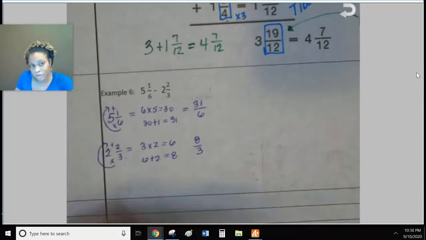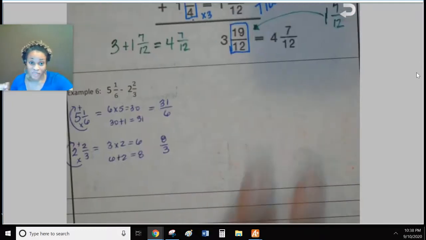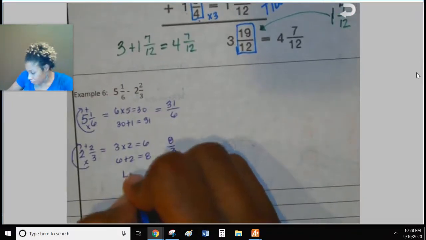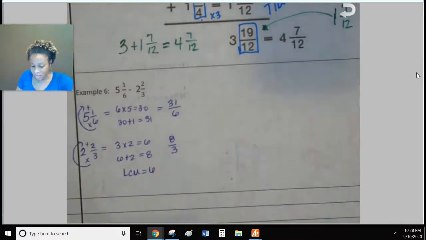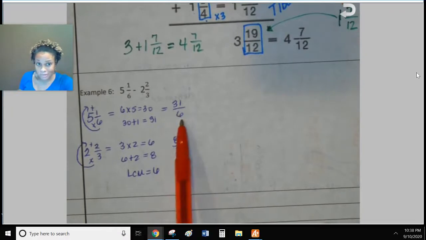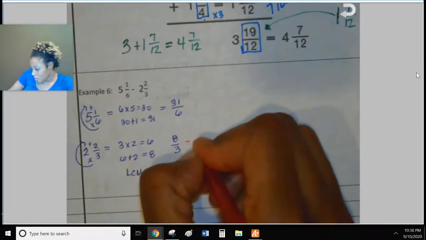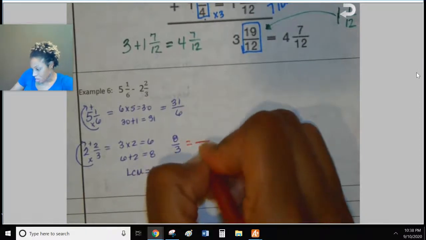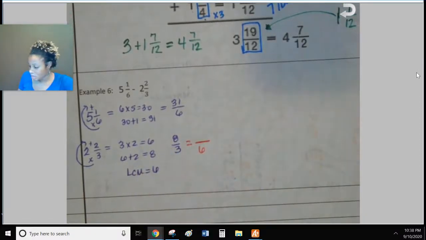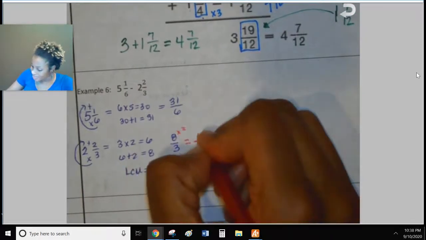But if you listed out your multiples, or you said 3, 6, 9, you would know that the LCM is 6. So then I say, do I need to rewrite one or both fractions? Well, this one already has a 6, so I don't need to rewrite it. I just need to rewrite this one with a denominator of 6. What times 3 is going to give me 6? Hopefully you said 2. And this will give me 16/6.